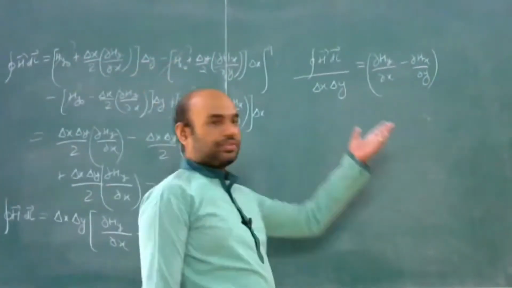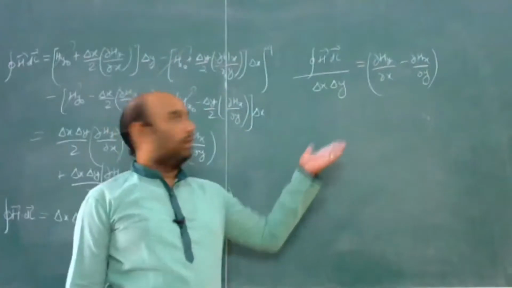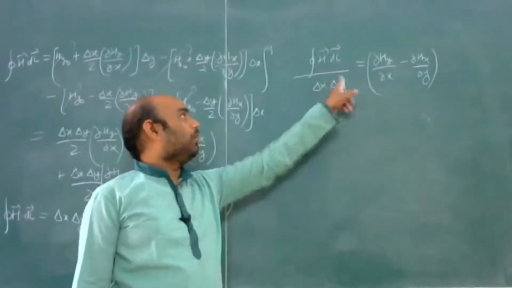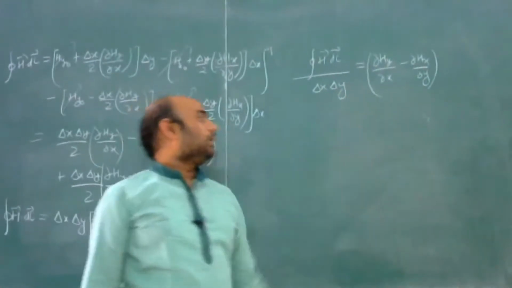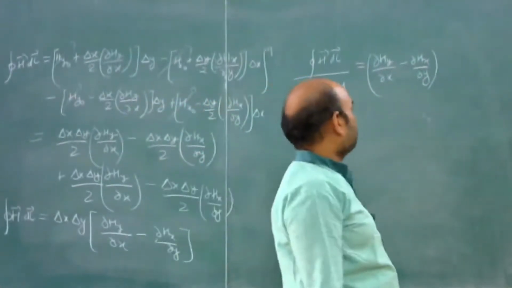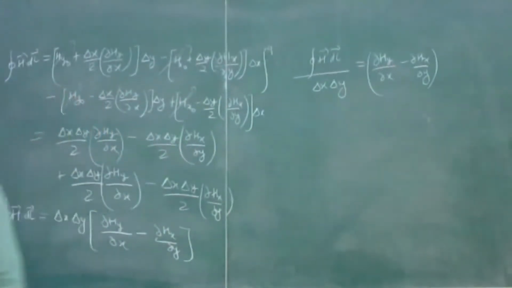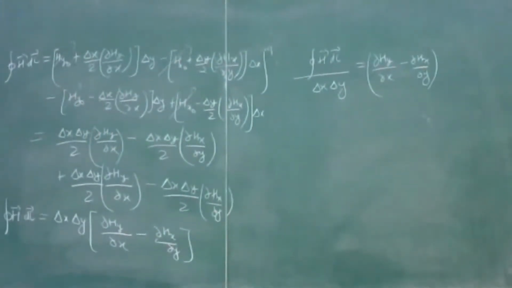So this is similar to Gauss's law, where the closed surface integral of D dot dS upon volume is equal to the volume charge density. Okay, so H dot dl upon delta x delta y is equal to this much.